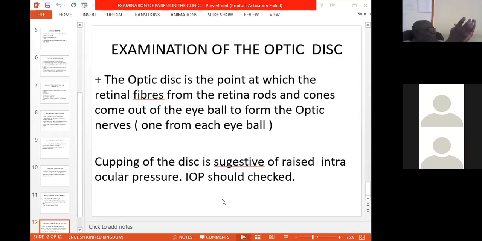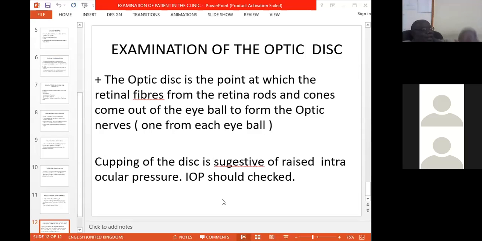If you've seen a cap, there's a space where you go deep inside. So at the disc, that cap forms like the cup you and me use to drink our nice tea. So capping is that protruding outward because of high pressure within the eyeball. They refer to it as capping.